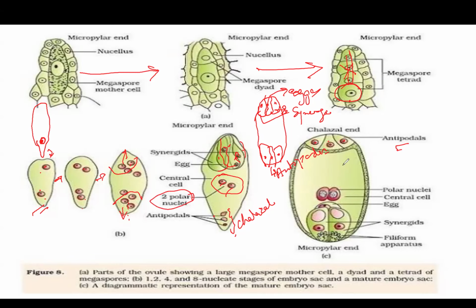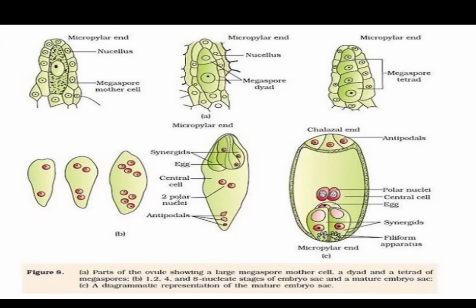At the micropylar end, we have the filiform apparatus. What is the use of the filiform apparatus? The filiform apparatus helps to direct the pollen tube towards the ovary. So for fertilization, it is important.